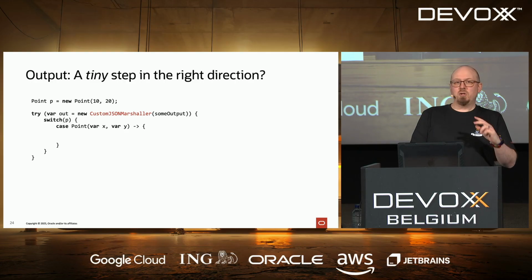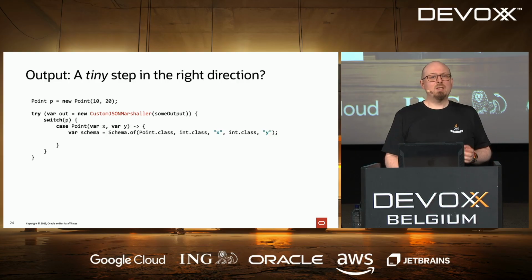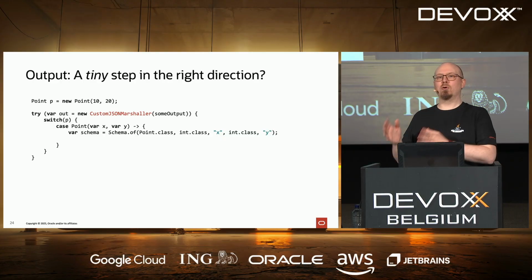Then what we could do if we wanted to do this manually is to say, okay, so I create a marshaller, and that has some sort of output destination for the marshalling, and then I want to unpack the point manually because we're doing this manually, but we still want it to be able to say what the payload actually is, because the format may want to retain that information.